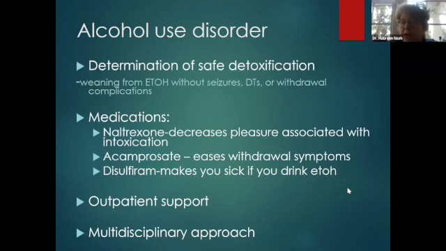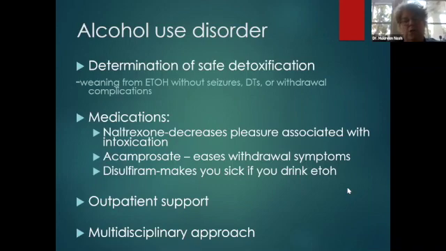You have to be careful. You can't use it when somebody is on a scheduled opiate for any reason, unless they're on a Suboxone or one of the combination treatments. But acamprosate eases withdrawal symptoms.